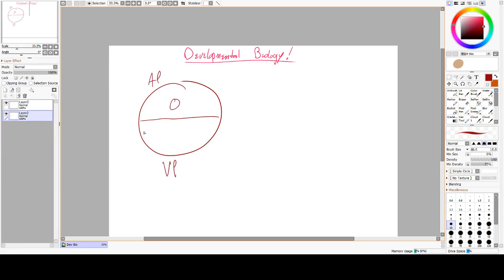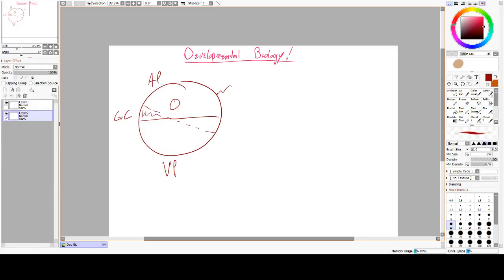The vegetal pole is all of this nutrient-filled area, while the animal pole has all the genetic information. When the sperm fertilizes the egg, oddly enough, there's a 30-degree rotation, almost. And that is where this thing called the gray crescent develops.